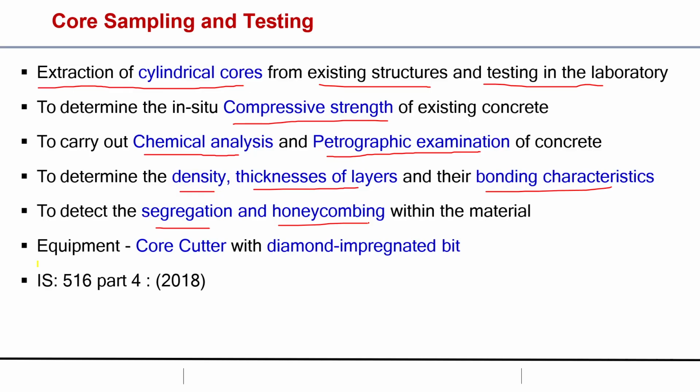I hope you know the segregation, honeycombing, like materials are segregated, they are not homogeneous. So you can detect. For this particular testing, we required one equipment called core cutter, and that with diamond impregnated bits.